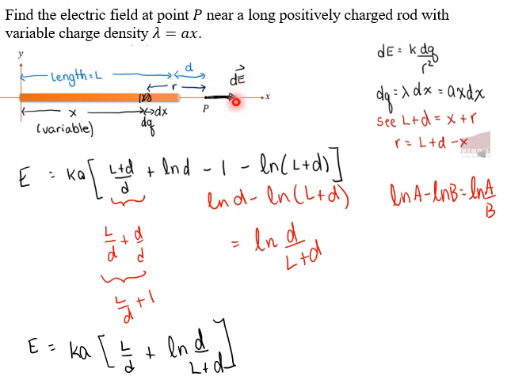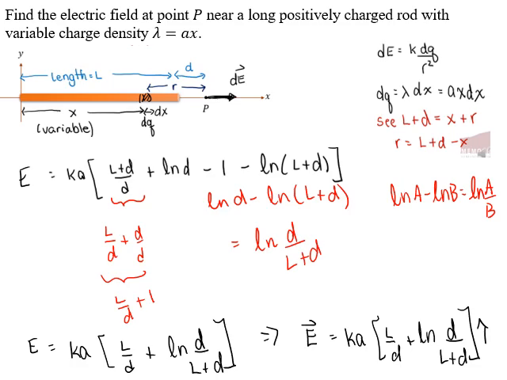I do have to write it as a vector. I see that it points right. So for my final answer, my electric field vector is K times A outside of L over D plus the natural log of D divided by L plus D, and it points to the right, so in the i-hat direction.